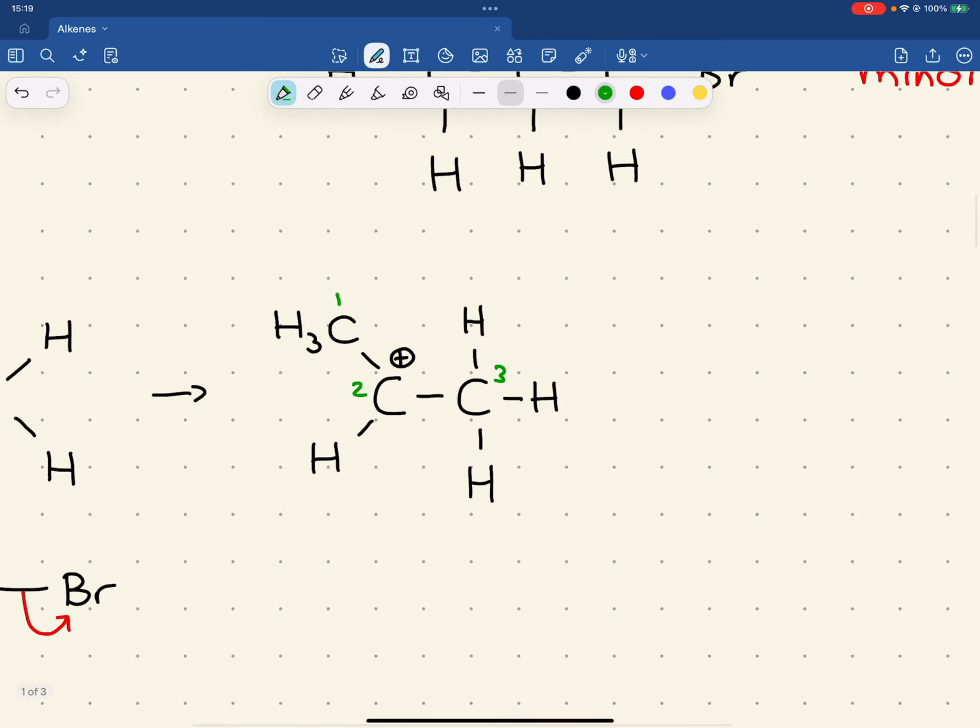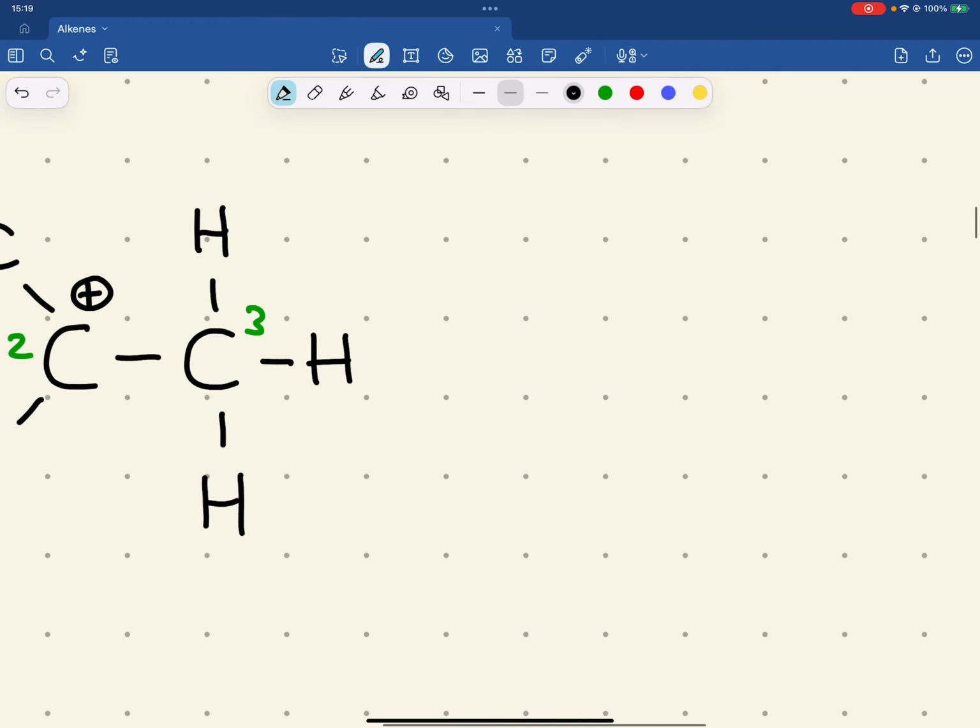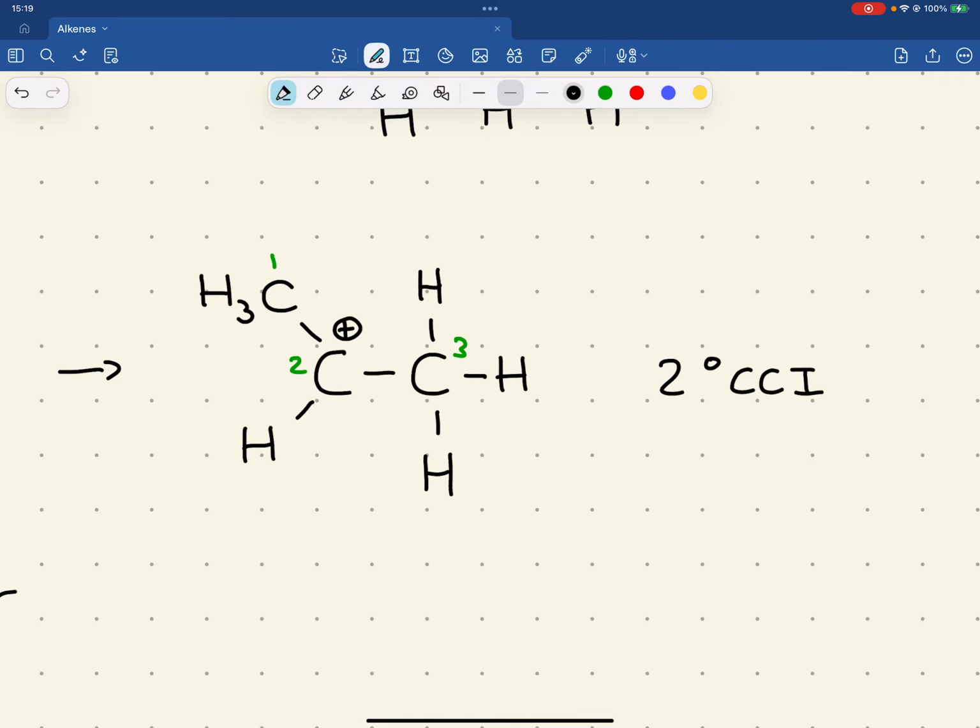This here we call a secondary carbocation intermediate, and we've got 2 electron donating alkyl groups. These alkyl groups that I'm going to circle now, we'll call electron donating.